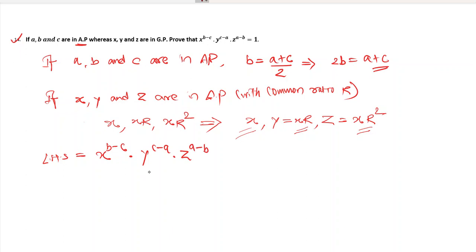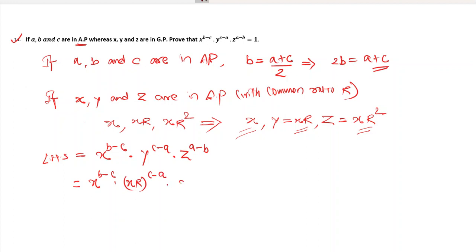So you know the relationship between a, b and c, and you know the relationship between x, y and z. Now what you have to do here is substitute the value of y and z in this equation and then simplify. x raised to b minus c into y. What is y? X into r, the whole raised to c minus a, into z.